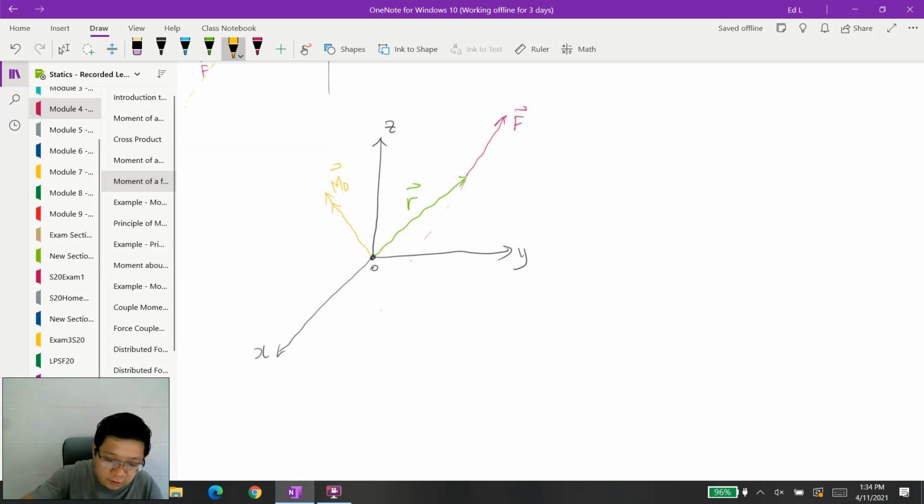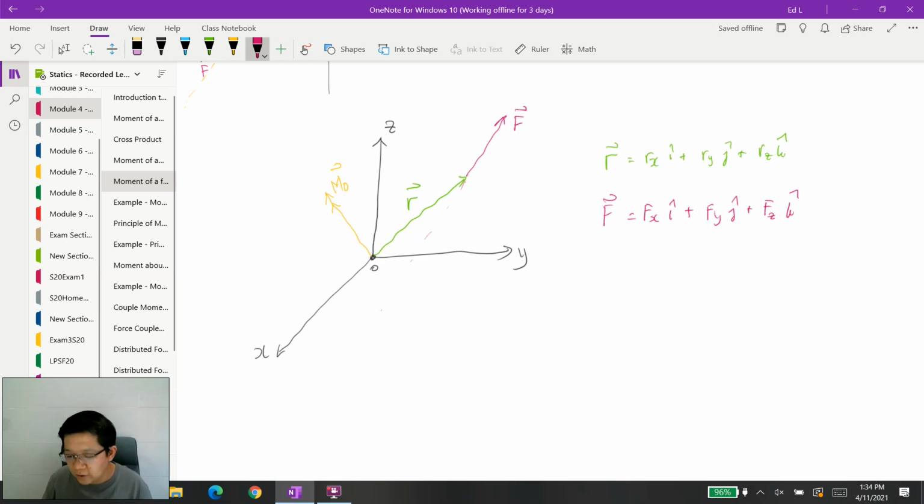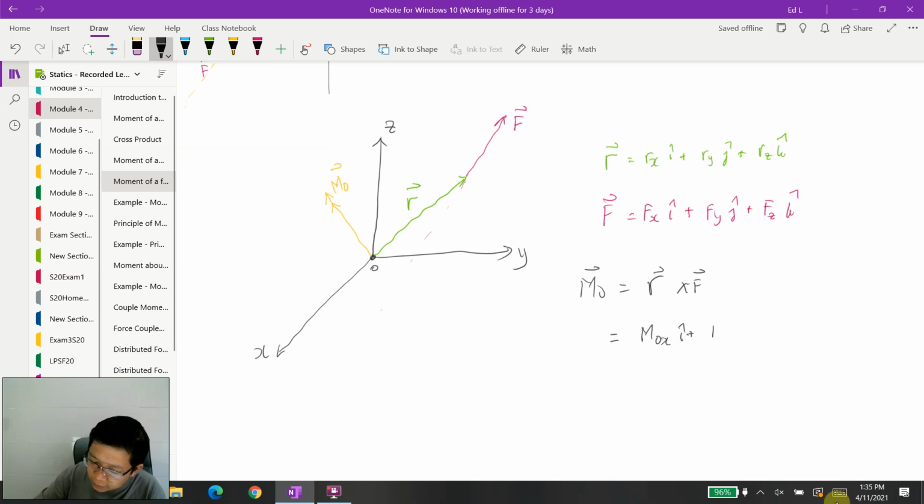So in this case, I can write my R as Rx i plus Ry j plus Rz k. And I can write my F as Fx i plus Fy j plus Fz k, which are the x, y, and z components of R and F. So we also know that M naught can be calculated as R cross F, and this M naught is going to have its x component, y component, and z component.